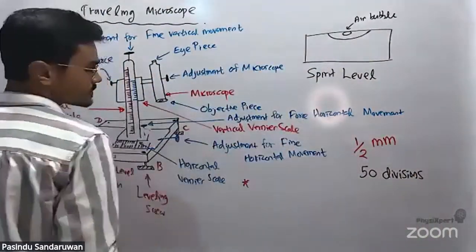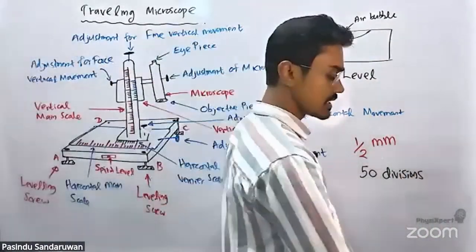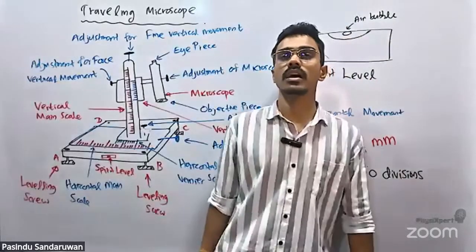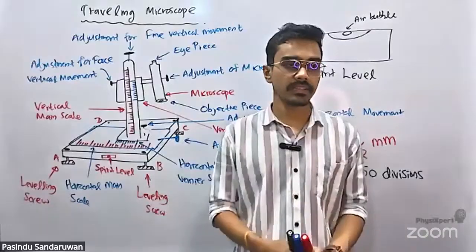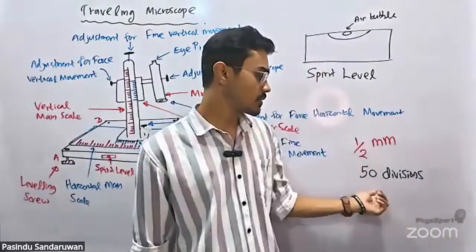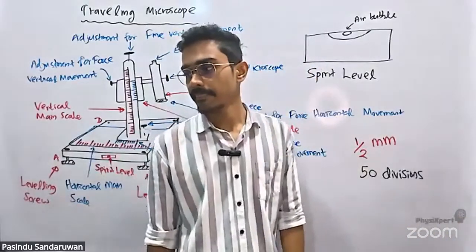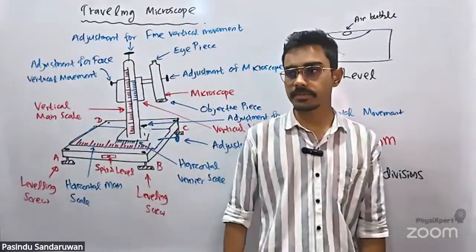Right. Typical traveling microscope. I haven't shown you the traveling microscope. I'll show you now. Okay, write this down. Consists of 50 divisions in a typical traveling microscope.